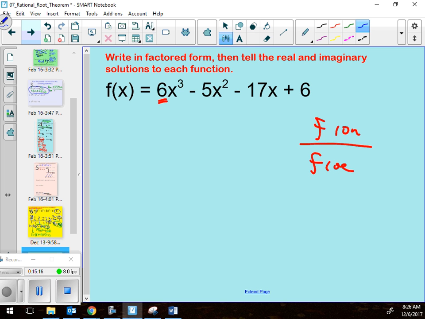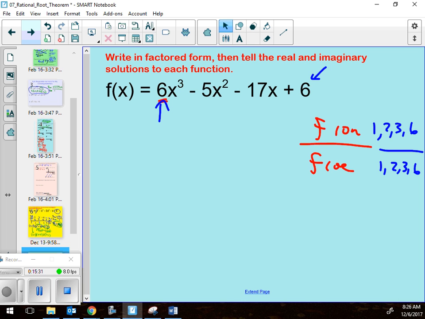The factors of the constant are 1, that's the constant, and 2, and 3, and 6, right? But then this also has a 6 in it, so the factors of that are 1, and 2, and 3, and 6. Now, this is brutal, but you'd have to take all of these and divide them by 1.